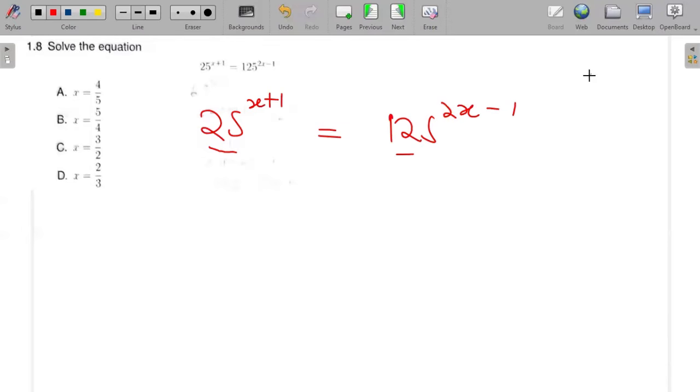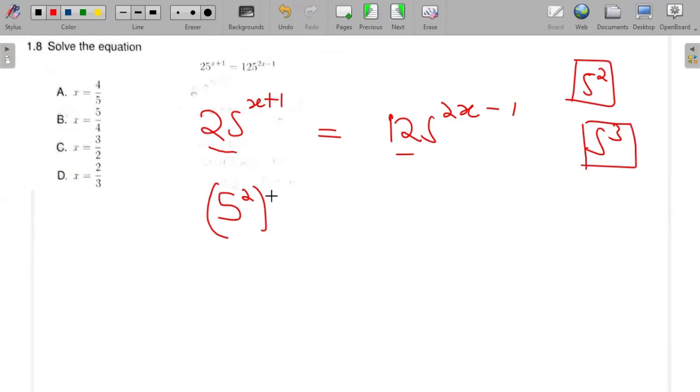So we know that 25 is the same as 5 to the power 2, and 125 is the same as 5 to the power 3. So I'm going to replace those two numbers. So it will be 5 to the power 2, and then I have x plus 1 is equal to, here it will be 5 to the power 3, and then I have 2x minus 1.